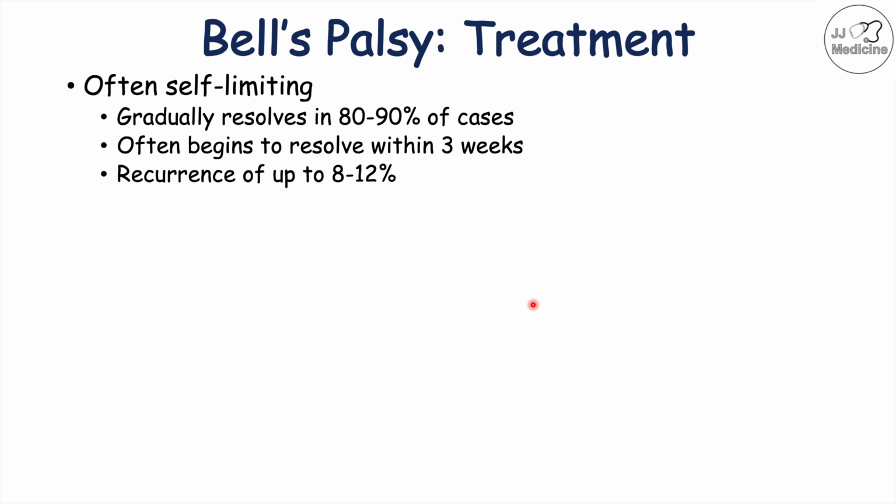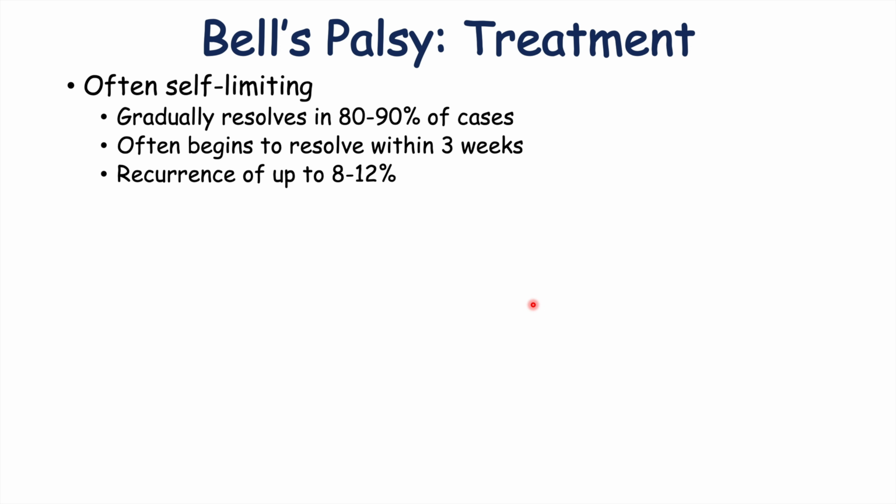And there can be some recurrence of Bell's palsy in certain individuals. Up to 8 to 12% of patients with Bell's palsy will have a recurrence, either on the same affected side or the opposite side of the face. And this is going to be more likely to occur in patients who have a family history of Bell's palsy. So this is something to make note of as well.